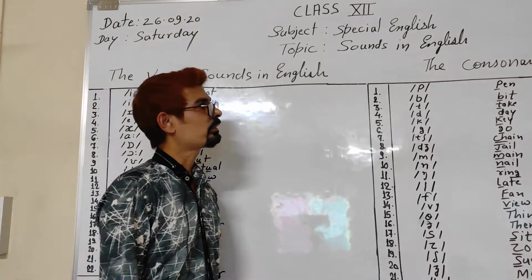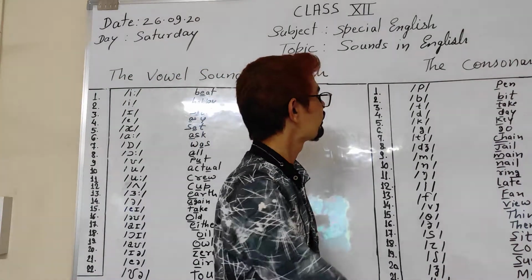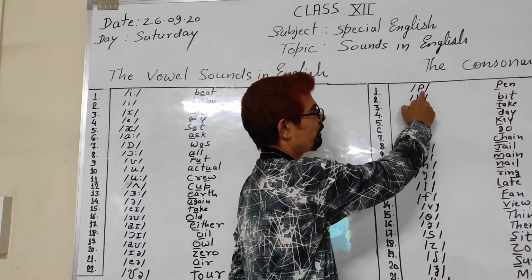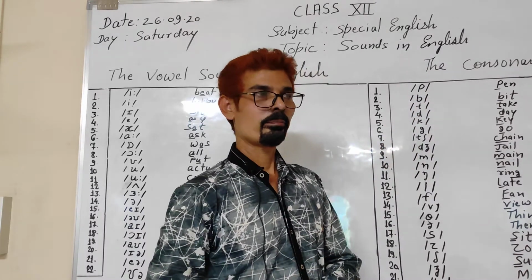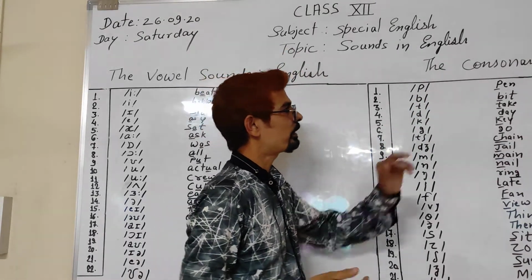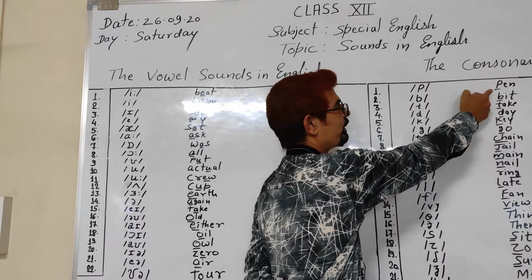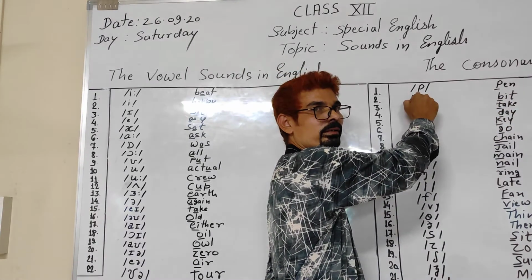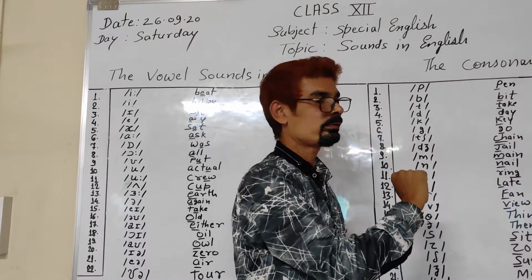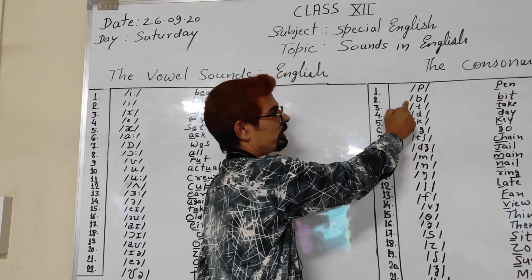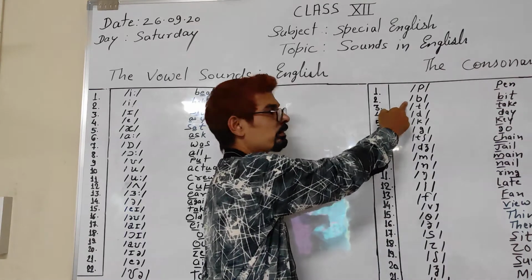Now we will take the consonant sounds. P between slashes. We will pronounce it pen. The pronunciation of the alphabet P is here. We pronounce it P. Pen. This is B, beat.